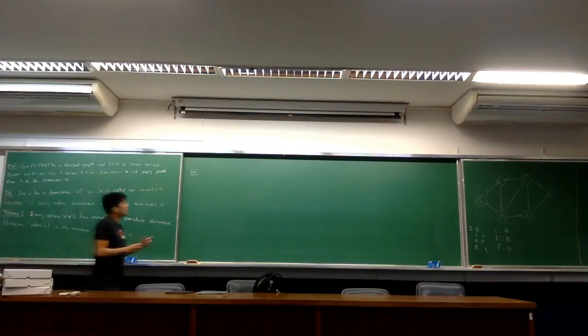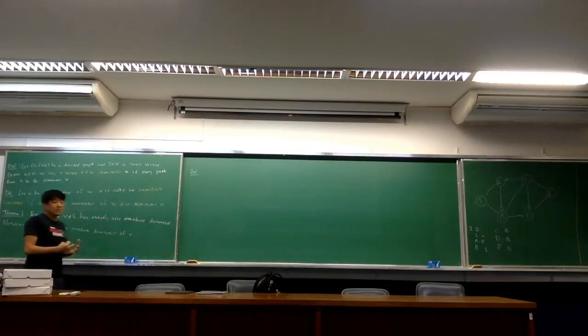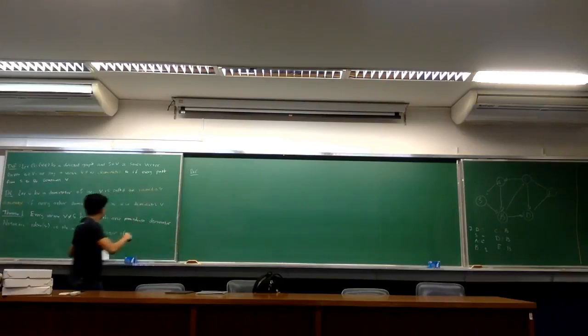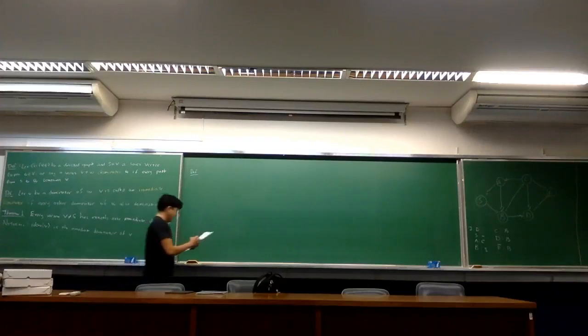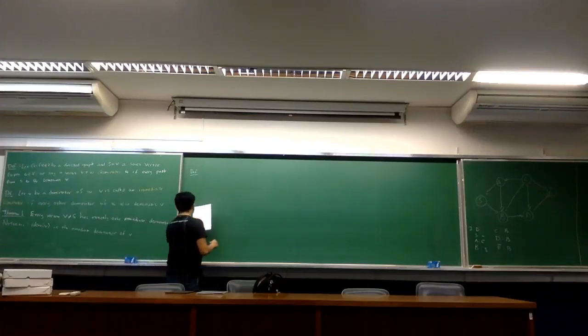So consider now the graph formed by the same set of vertices, but the edges now will be formed by the immediate dominator and its dominated vertex.